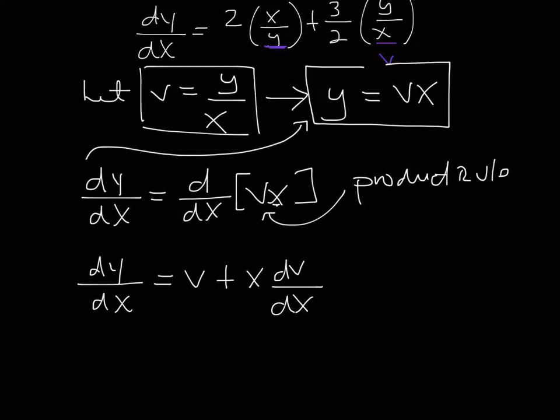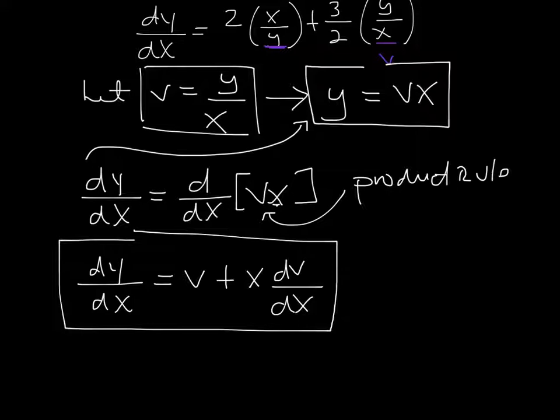So we have our third equation. And actually here, I let v be y over x, but this is not v. This is x over y. This is the reciprocal. But we can write a relationship between those two.